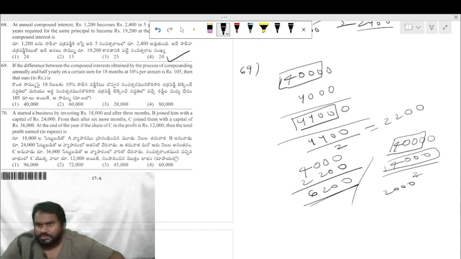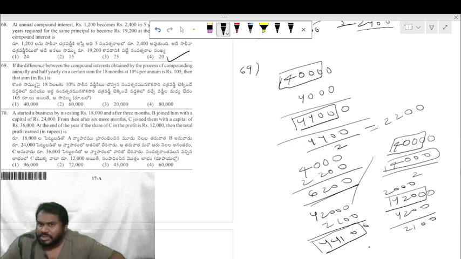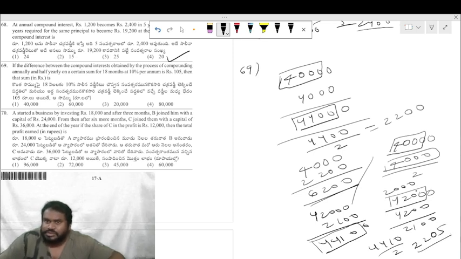So it becomes 42,000 after 6 months. On 42,000, 10% is 4,200, half is 2,100, so it becomes 44,100. On this, 10% is 4,410, half of it is 2,205. So you add 2,205 to this.